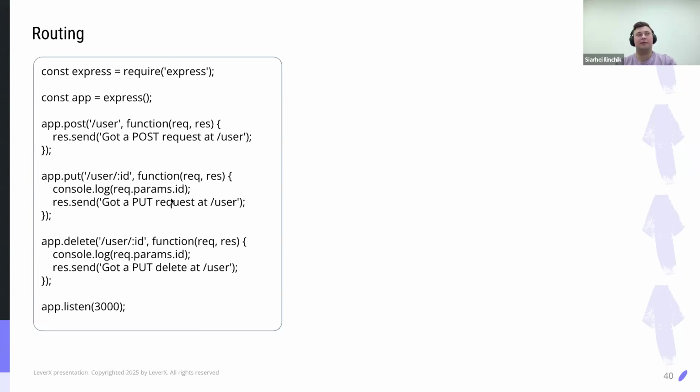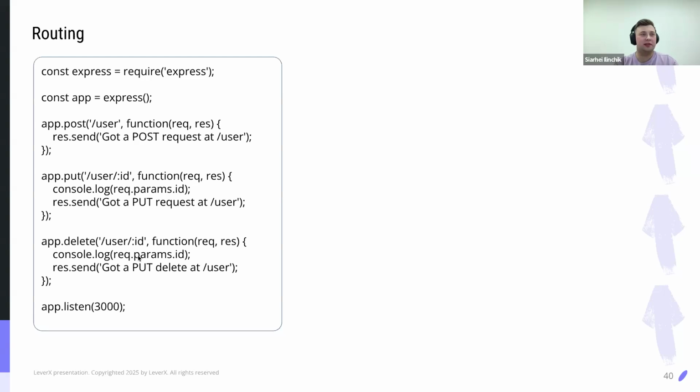It's very comfortable to use. You just access params.id, and you receive the value which you specified in the URL. You can have more than one of those parameters, but you should specify different names for them, for example id, email, etc. And you can have them in your request object.